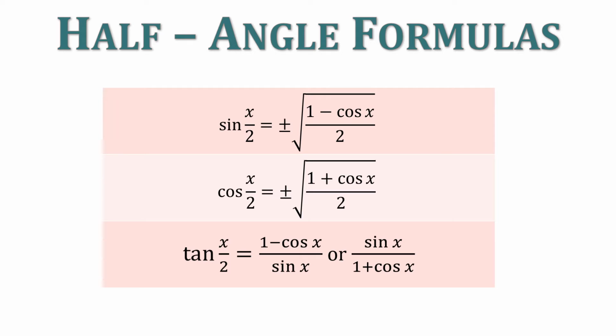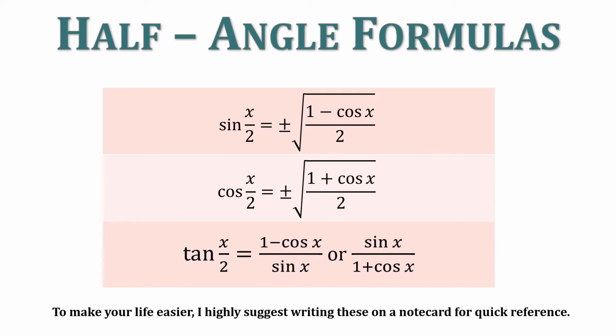And tangent of x over 2 is either 1 minus cosine of x over sine x or sine x over 1 plus cosine x. There will be a strategy whenever you use one of these, depending on which one fits better, but no matter what, they will both eventually lead you to the same answer. Once again, you need to write these down on a note card, or you need to pause the video to take a picture of this slide.